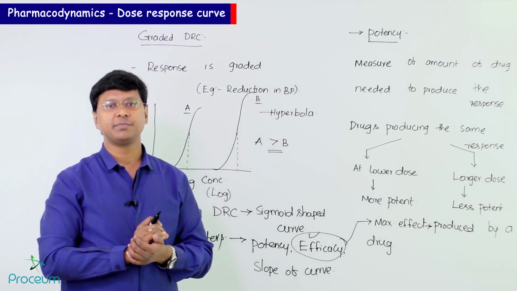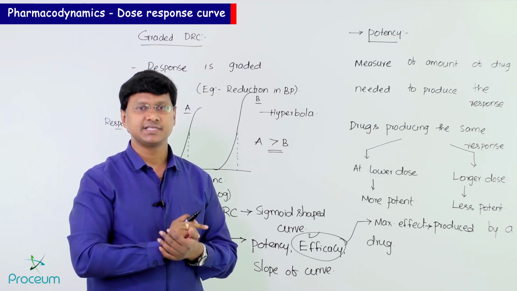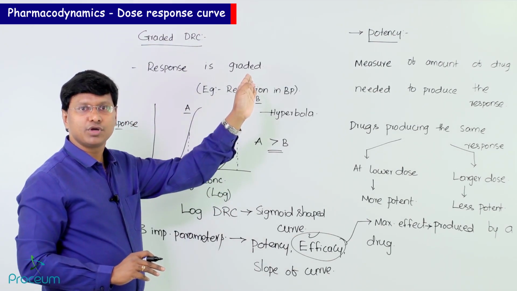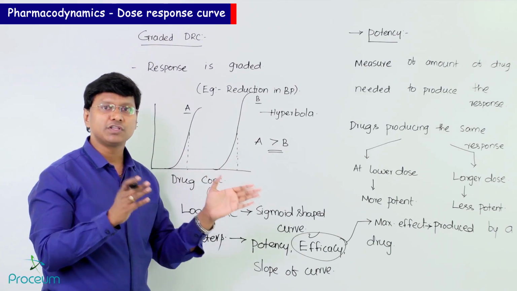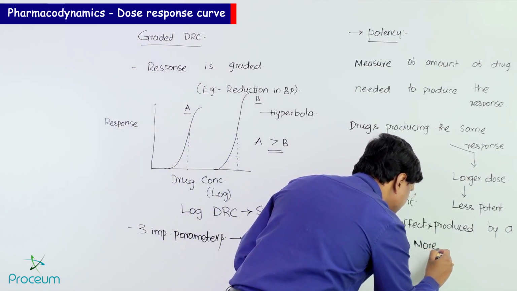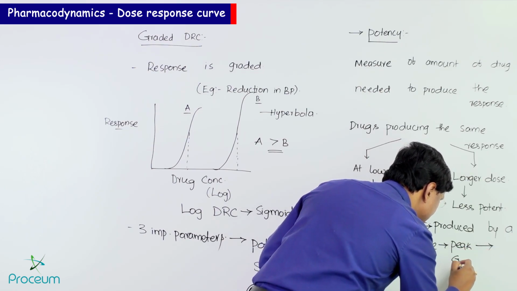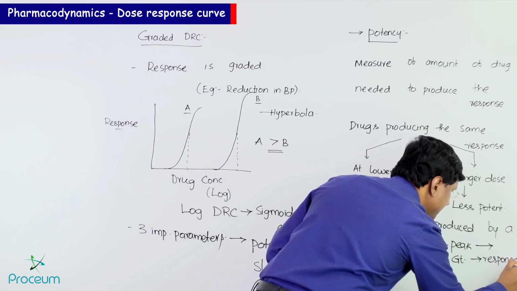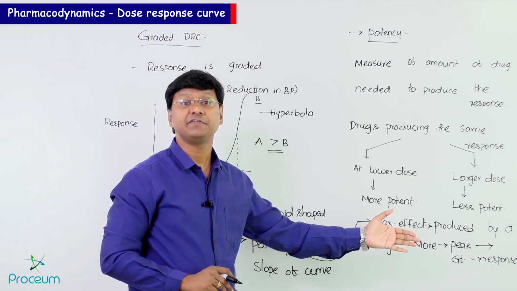A point you should remember is that the more the peak of the curve, the greater is the efficacy. What do you mean by the word more is the peak? That means more is the response. So the more the peak of the curve, the greater is the response, or the greater is your efficacy.